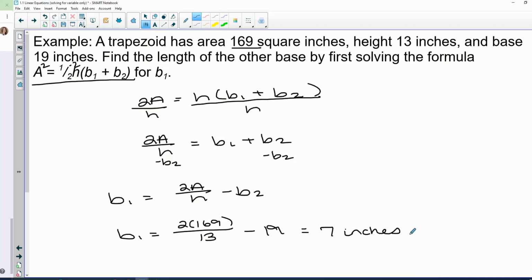Alright, do we need more practice manipulating these equations, getting a variable by itself? We'll do 2 final problems.